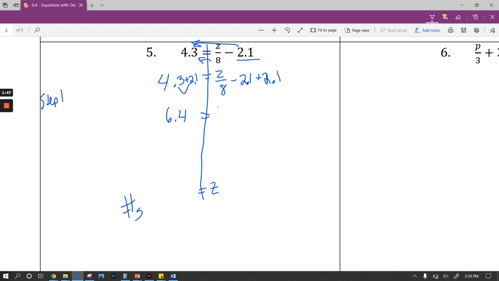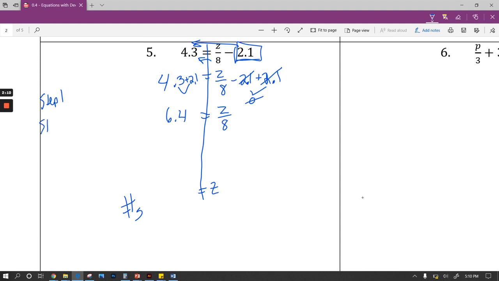And that gives us z over 8. All right. So now we have made our constant equal 0, which means it's gone now, because minus 2.1 plus 2.1 cancels out to 0. Anything minus or plus 0 is just itself.